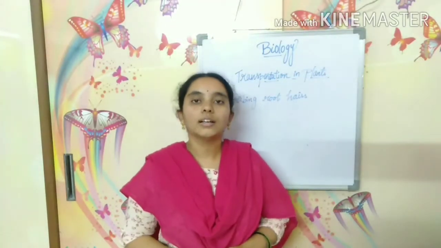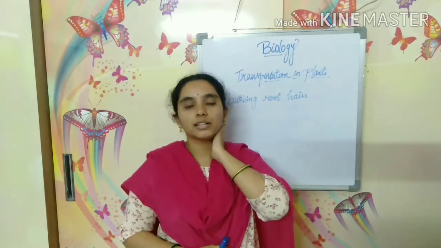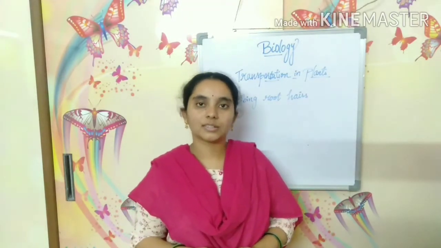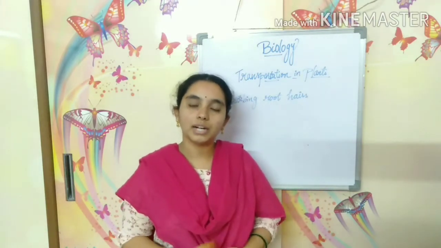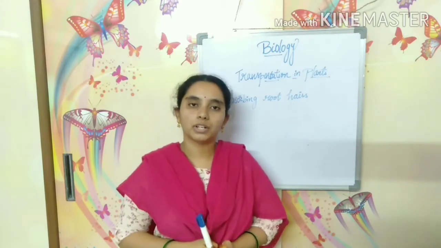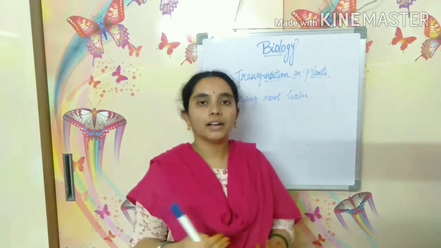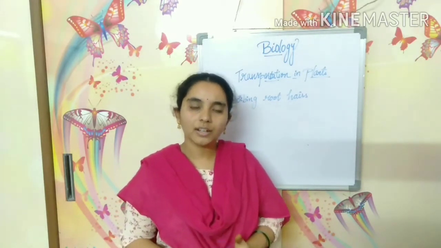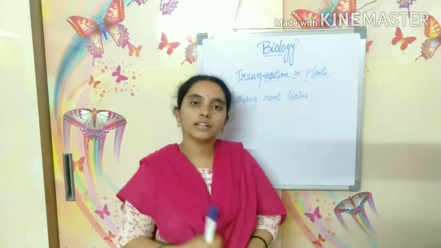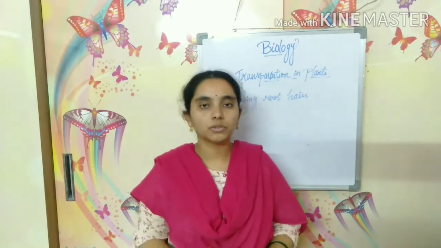In that, the main important tissue used for transportation is the vascular bundles. These vascular bundles are nothing but xylem and phloem, which help in transportation of water and food. We will do transportation of water first, and then move on to transportation of food material.